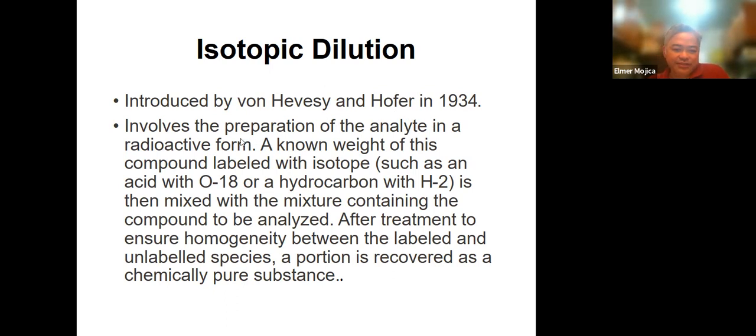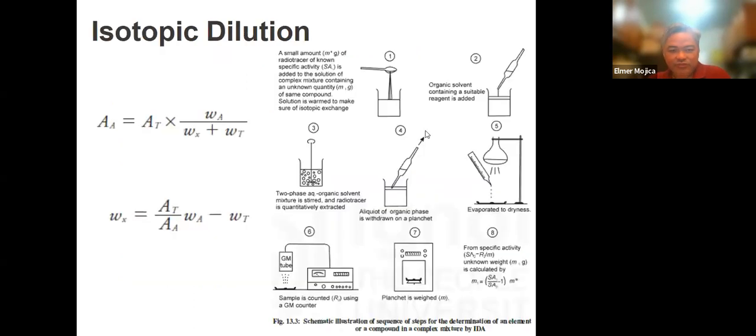Now the way that it involves the preparation of the analyte in the radioactive form, and I think I put some way of how this isotopic dilution is done. Okay, so here you have a small amount of your radiotracer of known specific activity that's added to the solution of complex mixture containing an unknown quantity of the same compound.